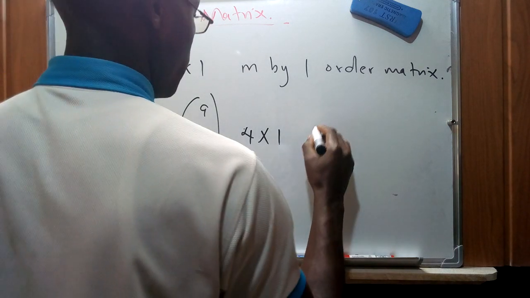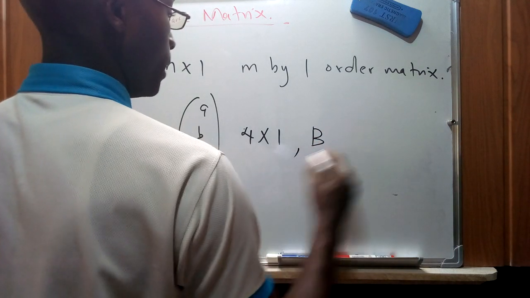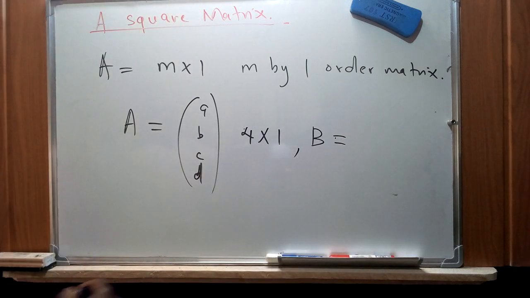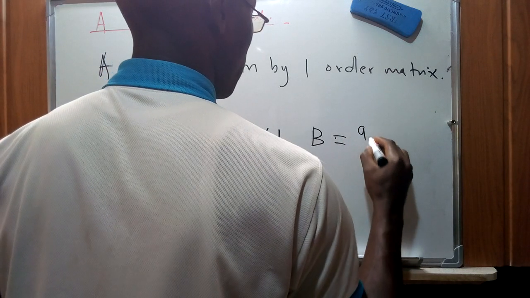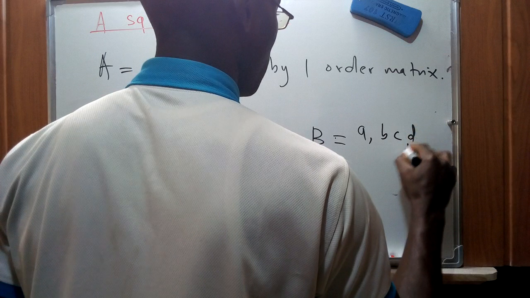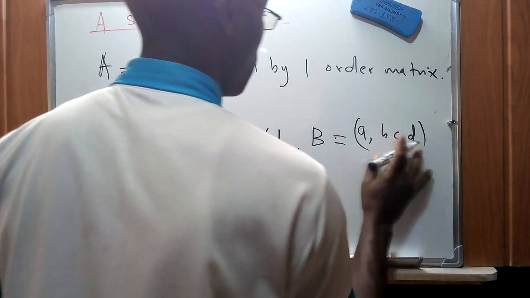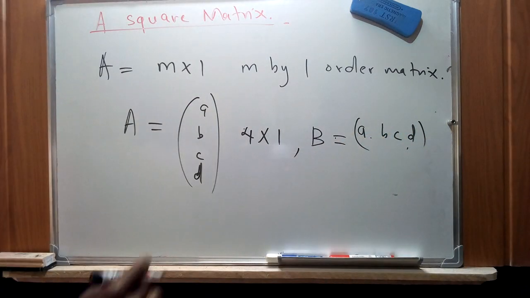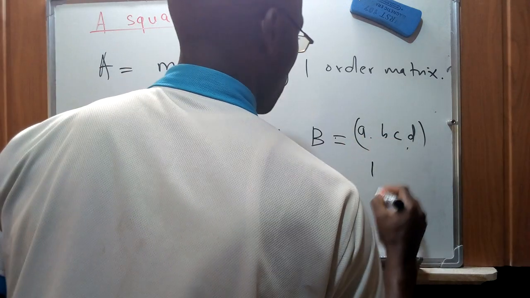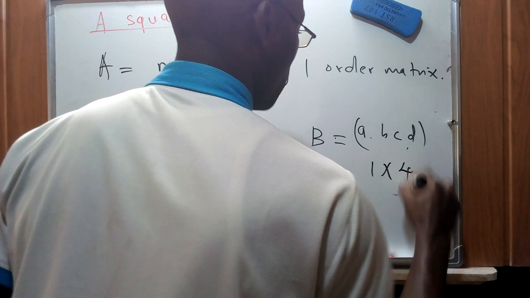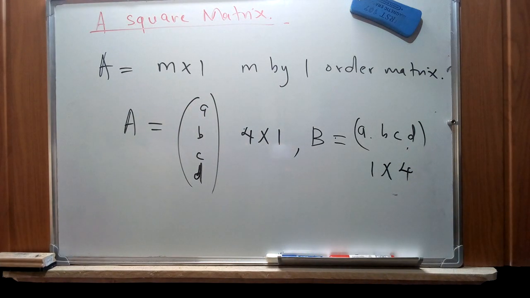Basically, we can represent another one for the number of columns, and say that this is a, b, c, d. With this one, the number of rows will be 1, and the number of columns will be 4. So that's a matrix of order 1 by 4.